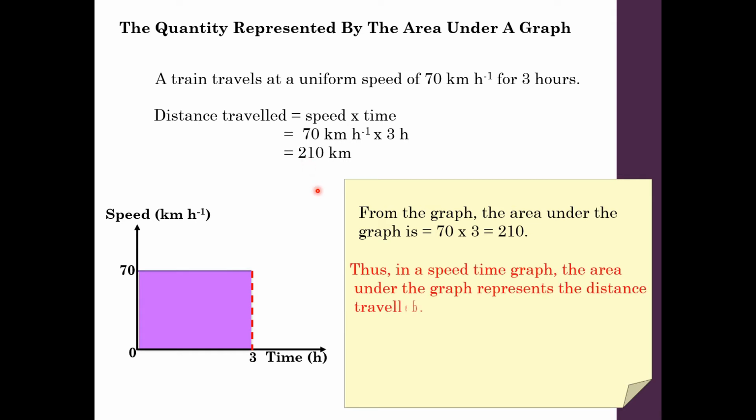Thus, in a speed-time graph, the area under the graph represents the distance traveled, and the gradient of a speed-time graph represents the acceleration or rate of change of speed. Okay, those are the two values that we have to know in a speed-time graph.